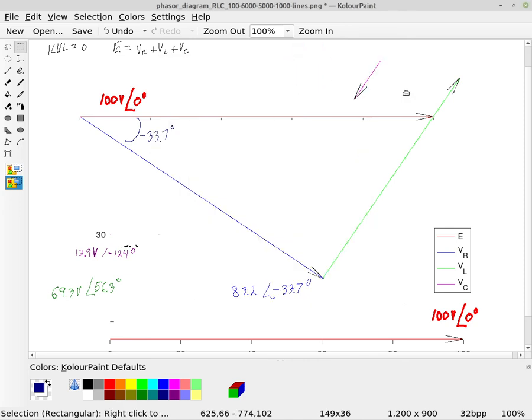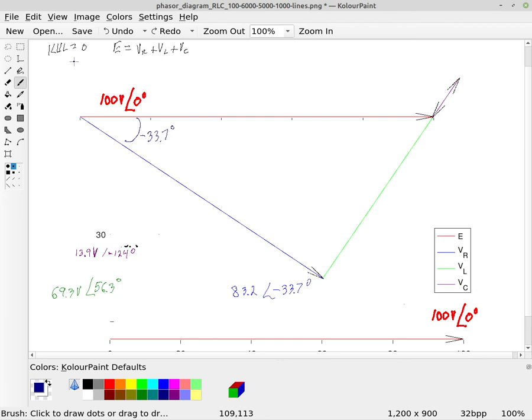And now notice it's going exactly the opposite direction, and I'm going to paste that right there at the tip of the VL. And notice then that they come back together and meet right there, and that graphically satisfies Kirchhoff's voltage law. The sum of the voltages are equal to 0.